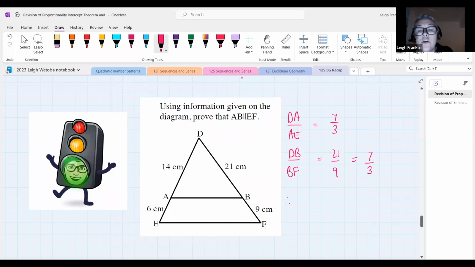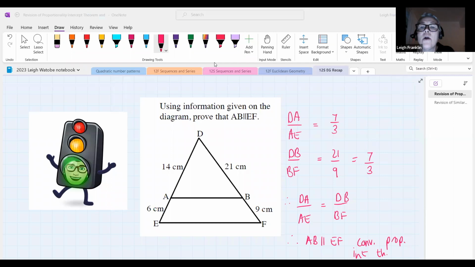And then you would conclude that that means that DA over AE equals DB over BF. And then therefore we've proved that AB is parallel to EF, converse proportionality intercept theorem. Okay.